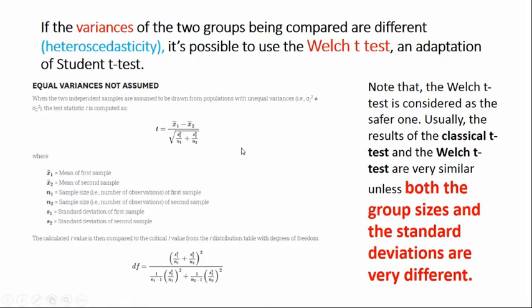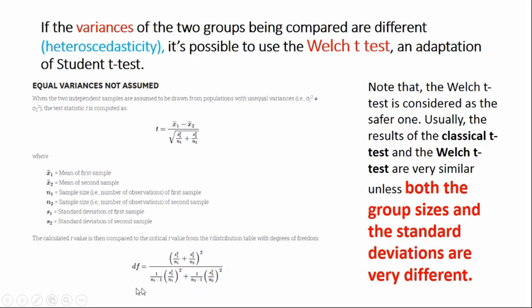Friends, till now we have discussed the case when the variances of the two groups are equal. If the variances of the two groups being compared are different, meaning they are not equal, it is possible to use the Welch t-test, an adaptation of the student t-test with extra calculations. With equal variance not assumed, our formula will change.